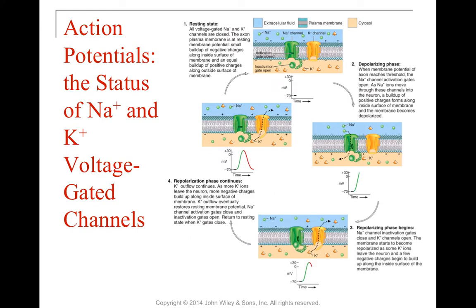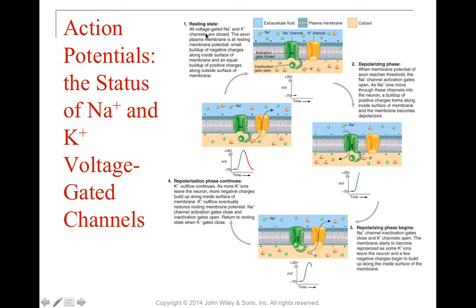All right, so I talked about those channels and what they were doing at each stage. And if you'd like to pay attention here at the bottom of each figure, that's going to tell you what is happening at each stage. So that resting state is when we're at negative 70. Negative 70 is going to be the electrochemical gradient from one side of the membrane to the other when we do not have any stimulus occurring.